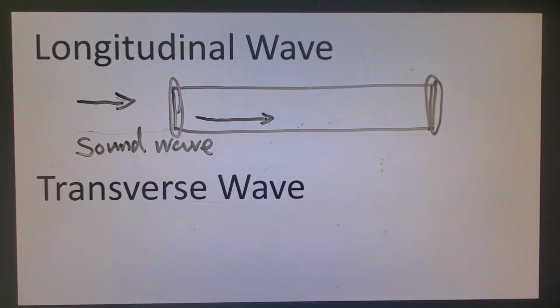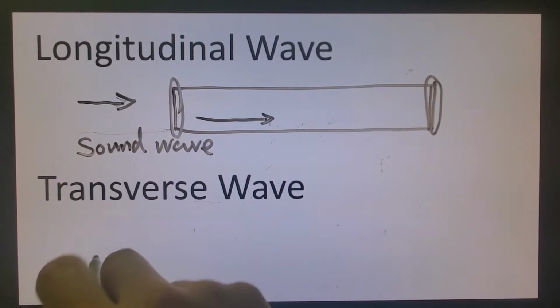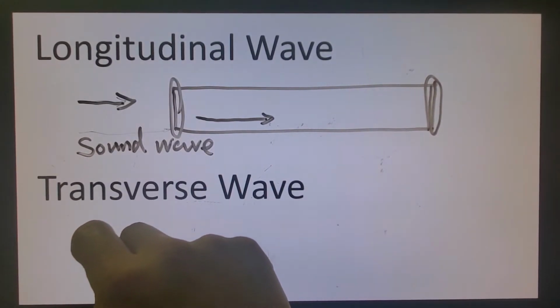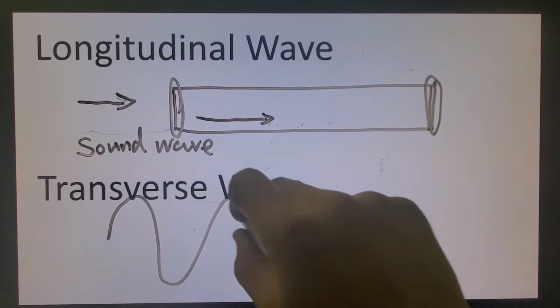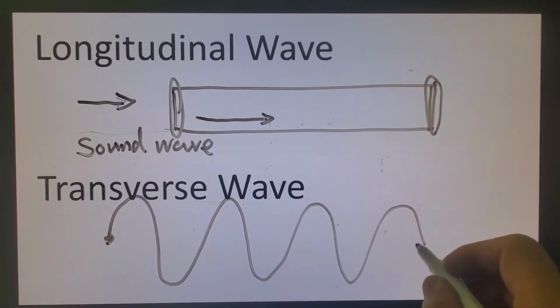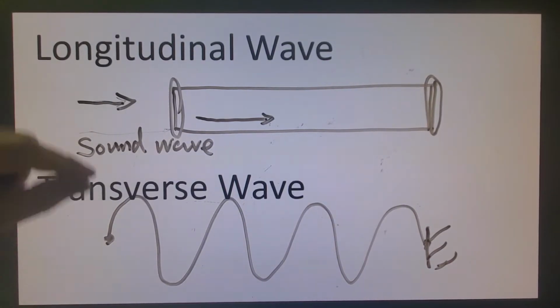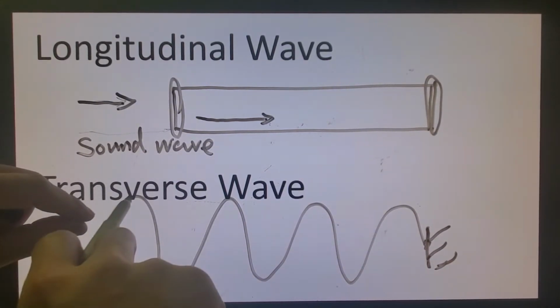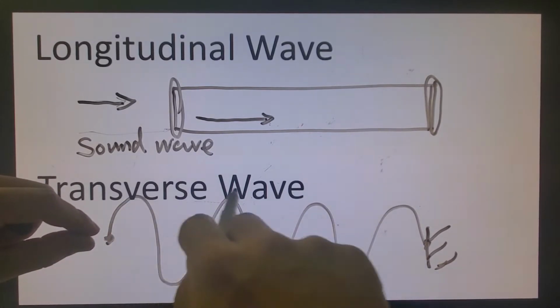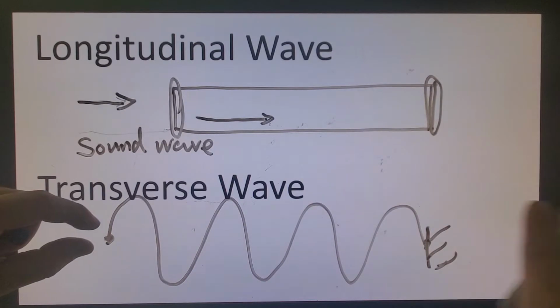The other one is called transverse wave. That means the creation of the wave, let's say this way. Over here, let's say you have a string, and you fix this part on the other side. What happens is when you move your rope up and down, you can see that the energy or the shape actually move to the right side.